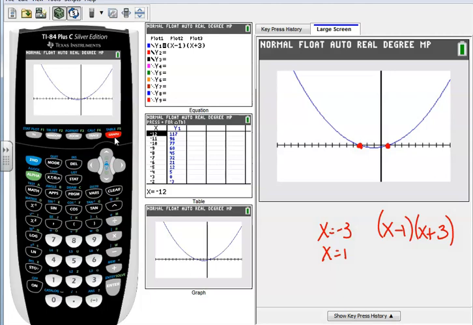Well, if we take each of our factors and set them equal to 0 and solve for the x value, we will be able to always get what our x-intercepts are for the parabola. So on this example, example 1, our x-intercepts are -3, 0 and 1, 0.